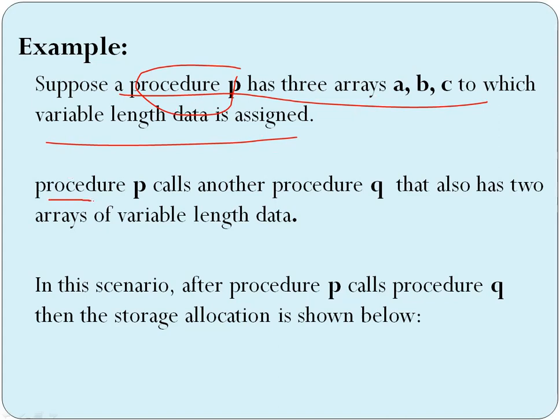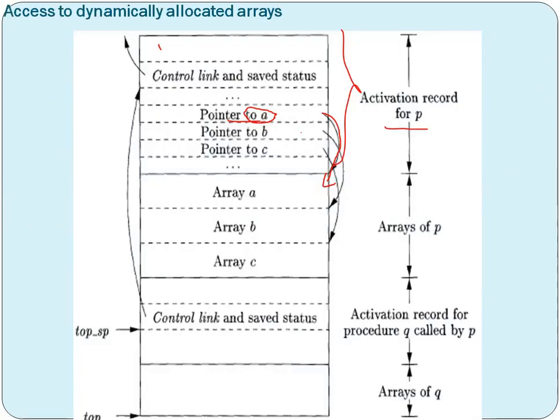Next, processor P calls another processor Q. So P calls Q, which also has 2 arrays of variable length data. In this scenario, after processor P calls processor Q, the storage allocation is shown below. P is the processor that contains 3 variable length data arrays.